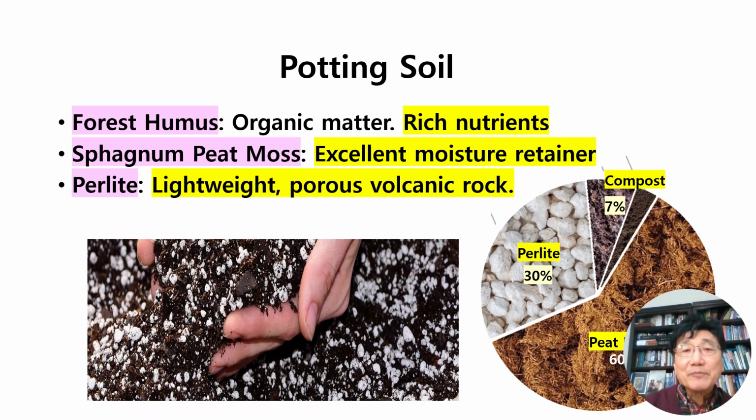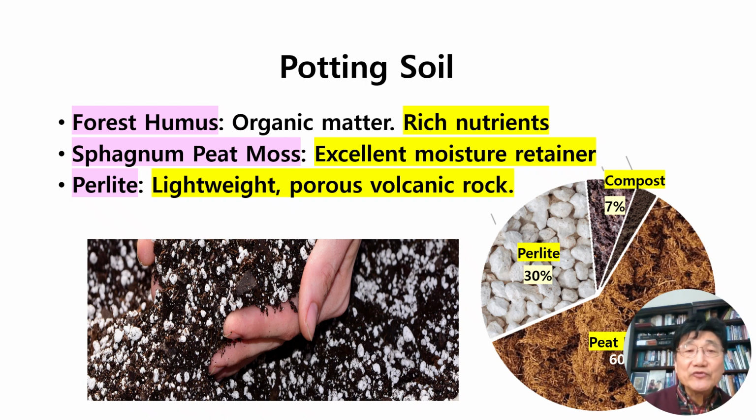The primary components of a potting soil can be broken down into a few categories. Composted forest humus, aged forest products. This is the primary organic matter in the mix.